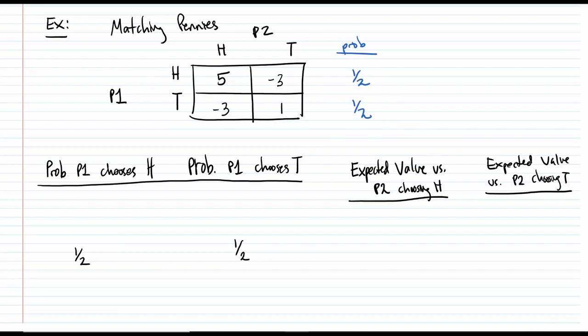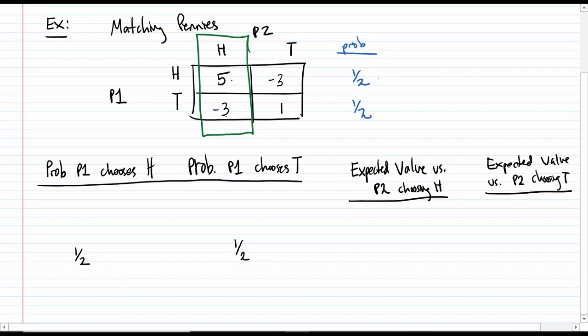So, in the first case, we're looking at player two choosing heads. Our outcomes are 5 and -3. We have our probability over here of each one occurring. The top one will occur half the time, the bottom one will occur half the time.